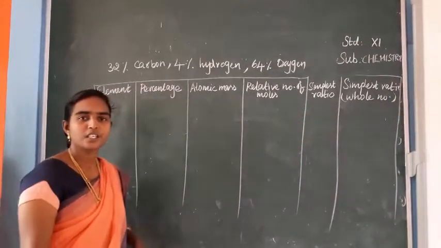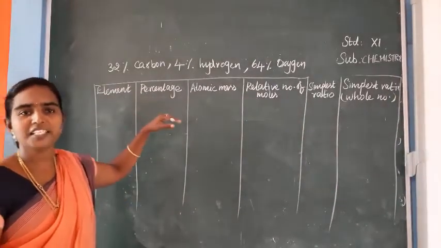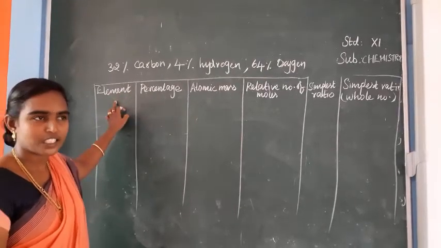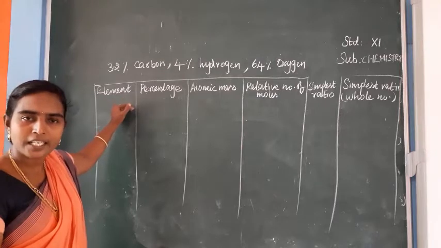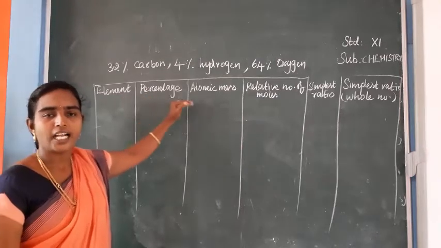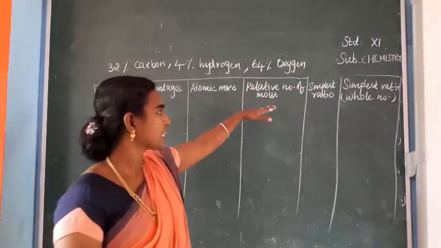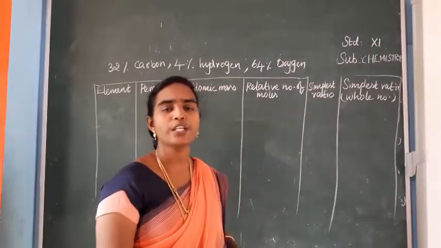Is it clear? Can you remember it? Whatever you have studied already: first box element, percentage, atomic mass, relative number of moles, simplest ratio in whole numbers.